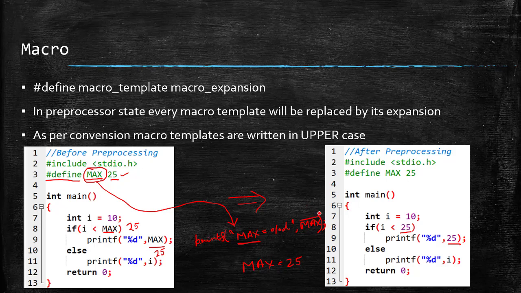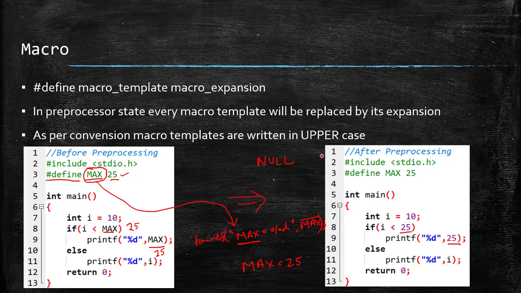Have we used any macro template till now? The answer is yes. We have used NULL. It is a macro template which is defined in stdio.h and its expanded value is 0.